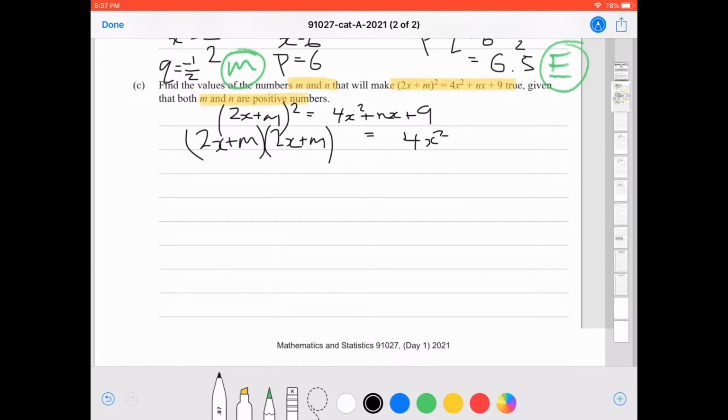4x squared plus nx plus 9. Okay, so we're going to expand these brackets, and what I mean by that is using the FOIL method. So you've got multiplying first, outer, inner, and last. So you've got 4x squared, and we've got 2xm plus 2xm, so 4xm is the B term.